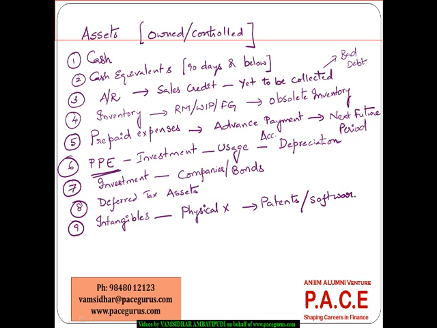The software, copyrights, all these things, they are not in a physical form, but at the same time they give some kind of benefit to the firm in future. They are something which are owned by the firm and controlled by the firm. So all these transactions that happen with respect to each of these accounts, they would be placed under the category of assets in the financial statements or the balance sheet.